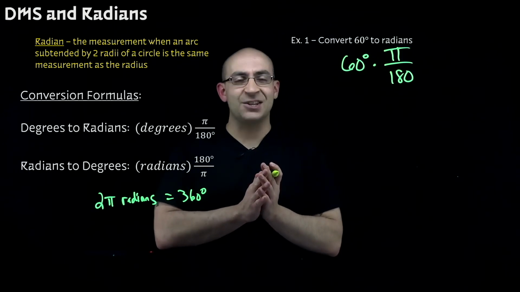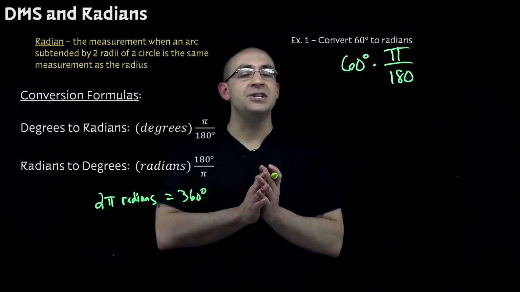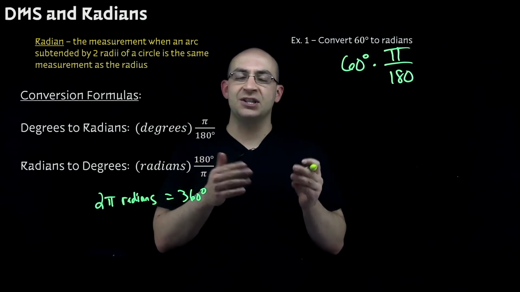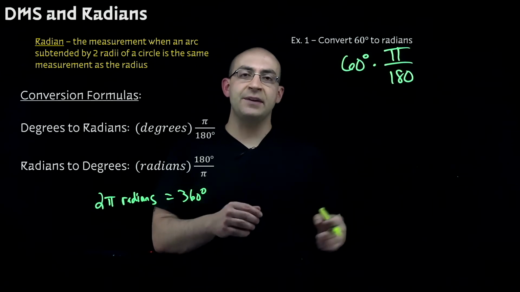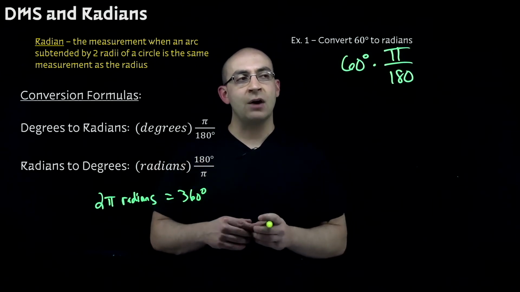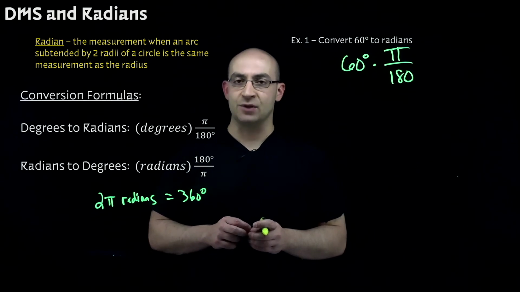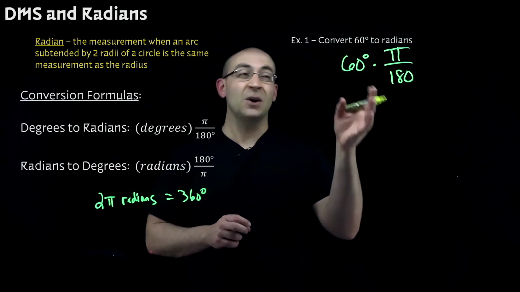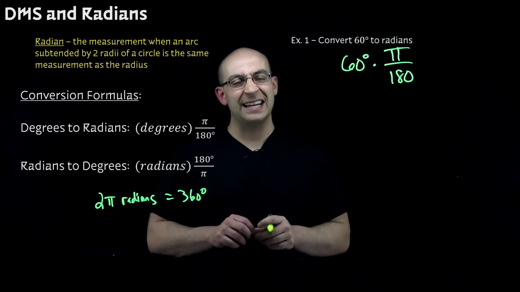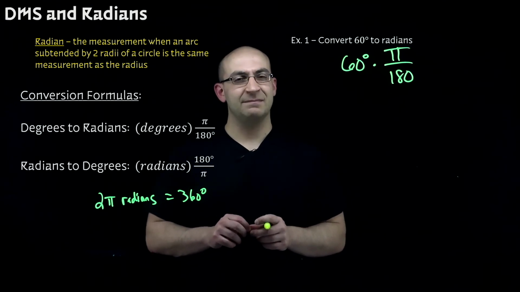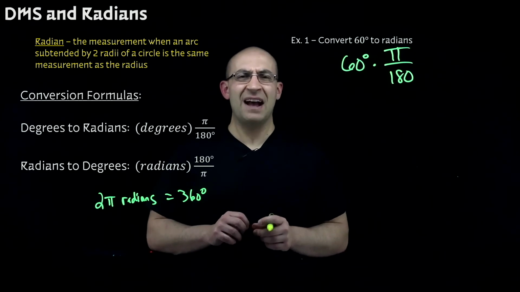Pi is actually an exact number in terms of it being just pi. Don't think of it as 3.14 and so on. Think of it as just pi. So when we talk about radians and circles, pi is what we like to call an exact measurement. When we talk about converting into degrees, we're going to get into some things that are not exactly pi, and they're going to be rounded.